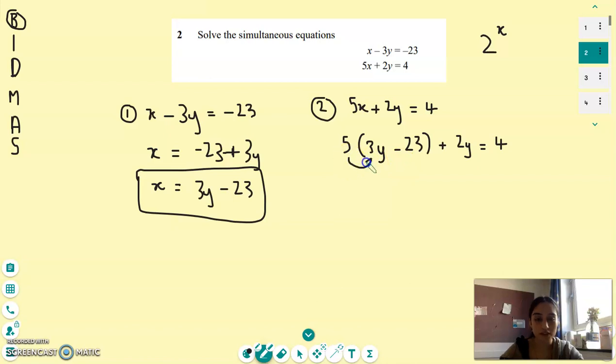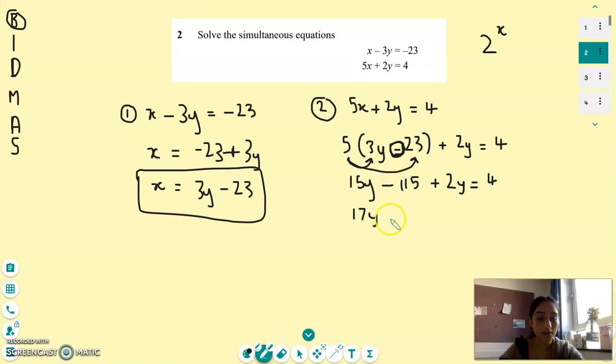So the way to do this is first you do 5 times 3, so we've got 15y, and then 5 times minus 23. Remember, we can't forget about this minus, so that's minus 115. And then remember to add on the 2y that we had from before, and that's equal to 4. And now again, we can put our like terms together, so 15y and 2y we can add, so 17y.